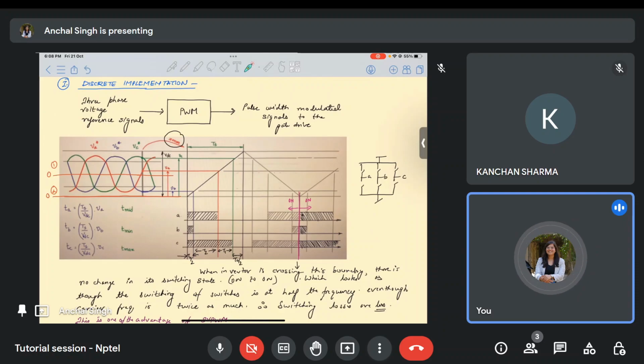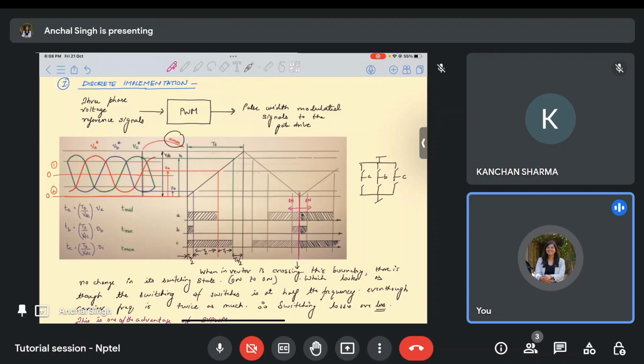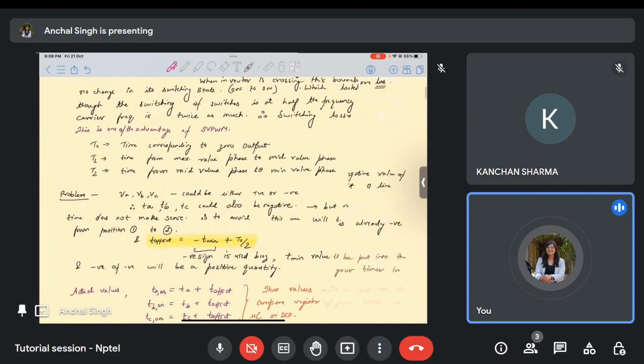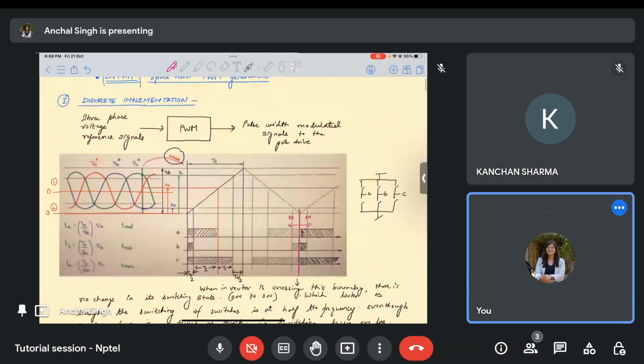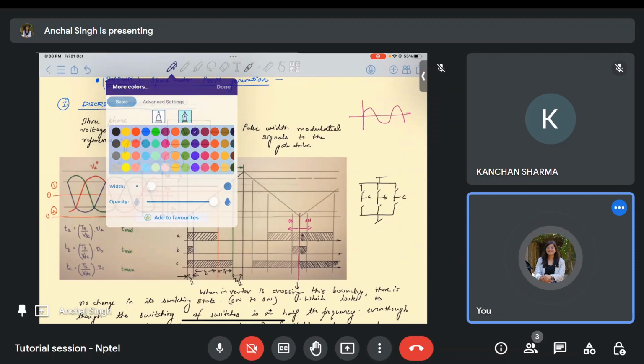So what we are exactly doing here is, if we take this particular slot, and since pulse width modulation is a high frequency modulation method, we assume that the frequency of the carrier wave is much higher than the actual frequency of the converter. So if this is your sine wave, then the frequency of your carrier wave will be something like this.